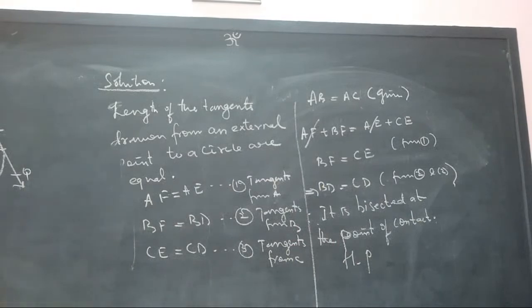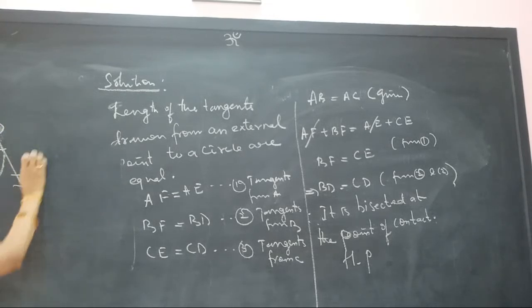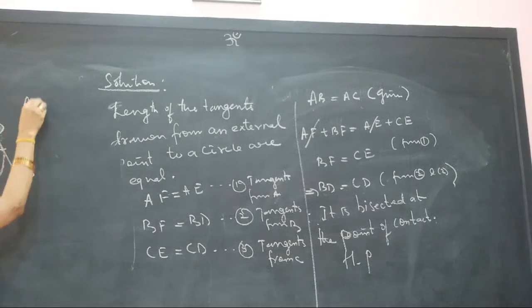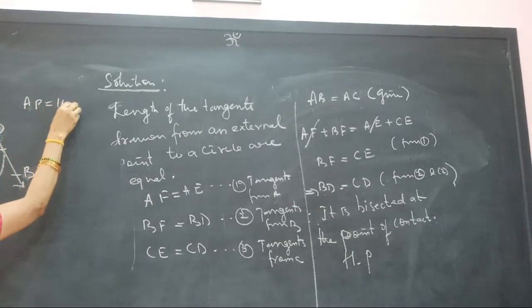This is P, C, D, A, B and E. AP equals 16 centimeter.